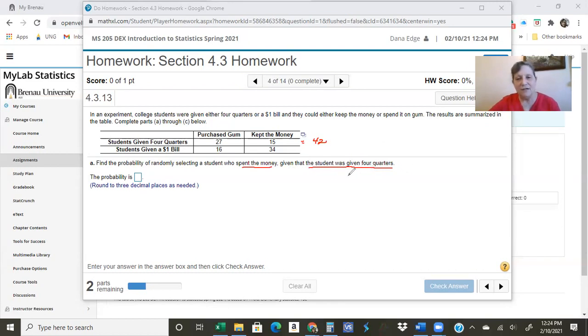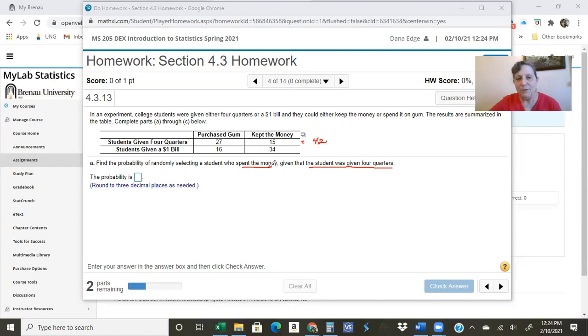So given that they were given the change, we're not talking about out of the entire group. We're only talking about the group that was given the change instead of a dollar bill.